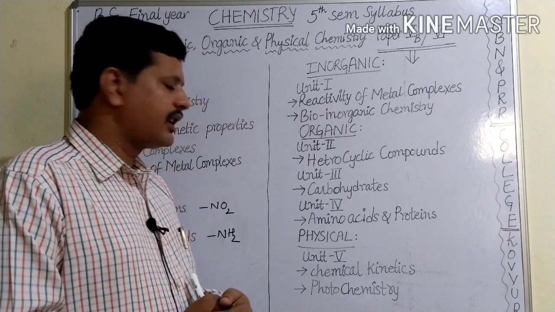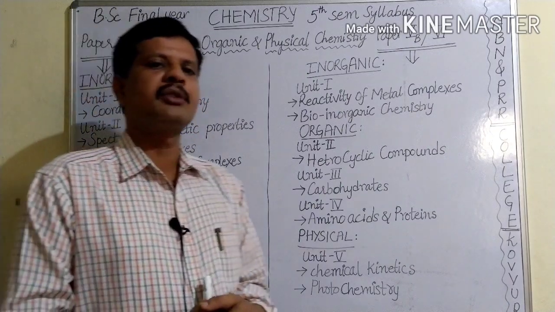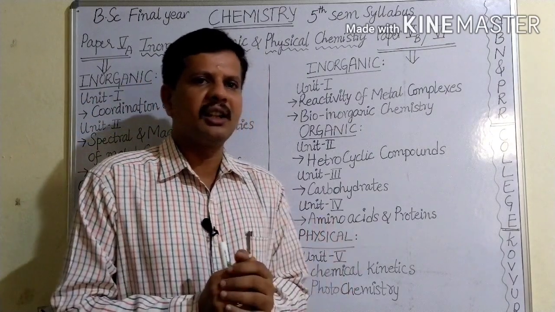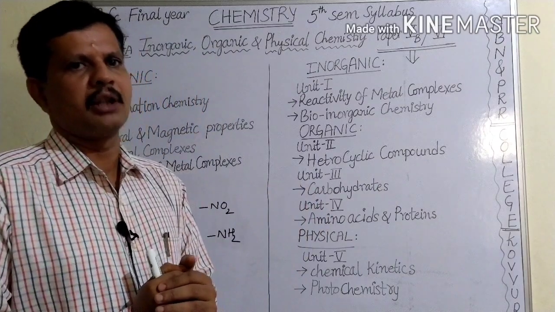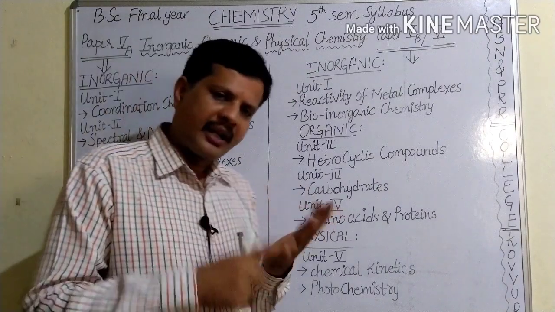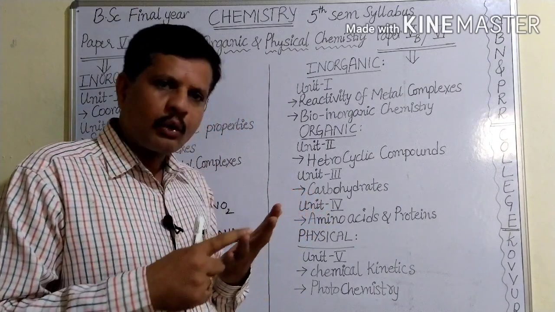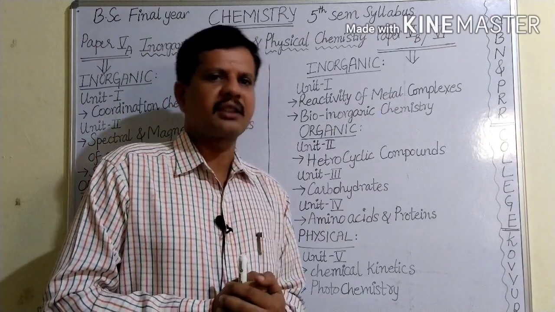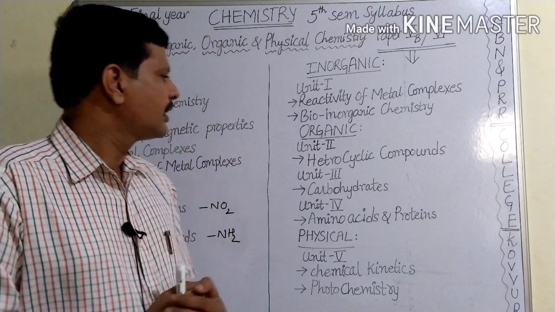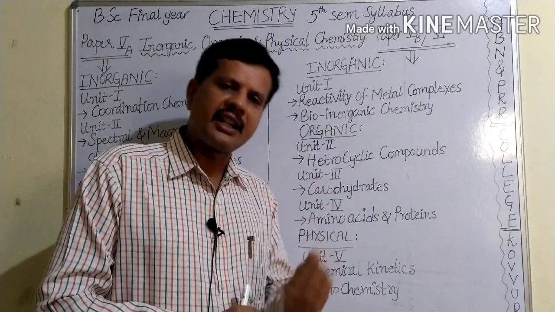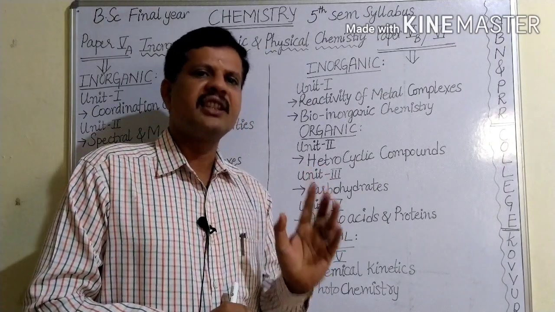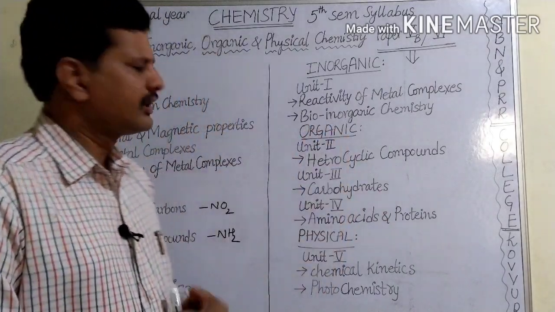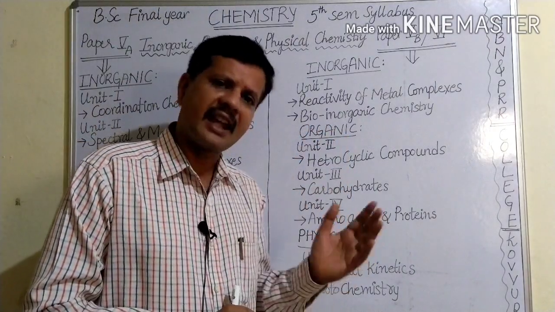So we have 18 heterocyclic compounds in total. Among them we learn about 4 molecules: pyrrole, furan, thiophene and pyridine. That means we learn about 5-membered heterocyclic compounds and one 6-membered heterocyclic compound, their preparations, properties, etc.